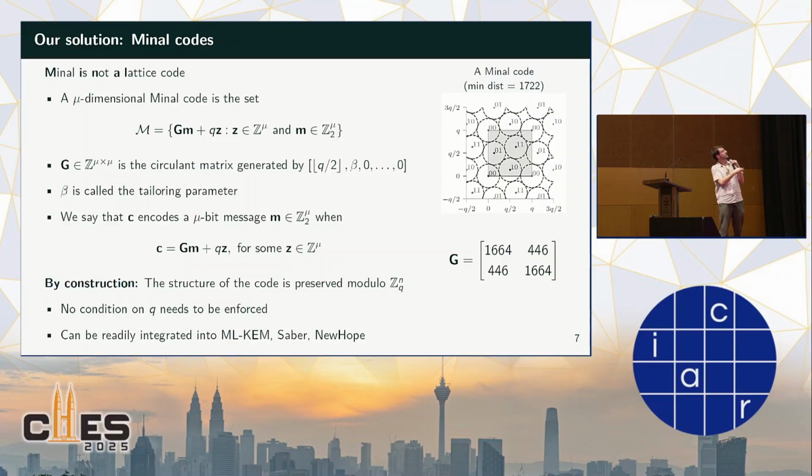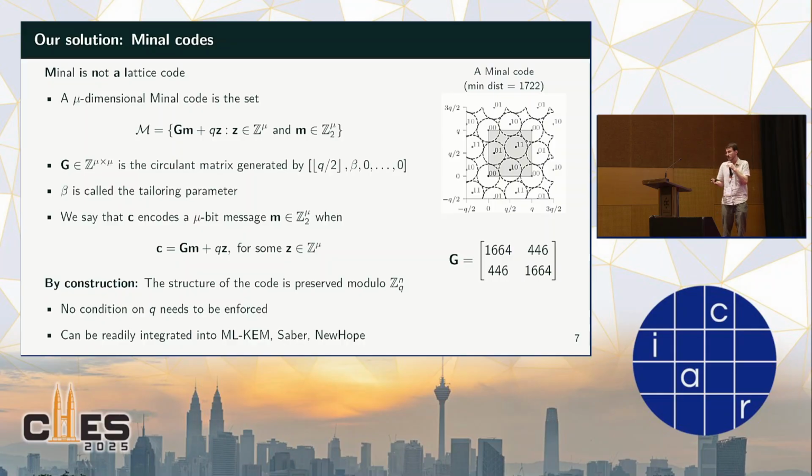And then we say that C encodes a mu-bit message M when C is equal to G times M plus multiples of Q in each coordinate. By constructing the code this way, we enforce that the structure is preserved modulo Z_Q^N. So we have something like the lattice code inside the core, but because of this construction, we get the 0 to the right position, right?